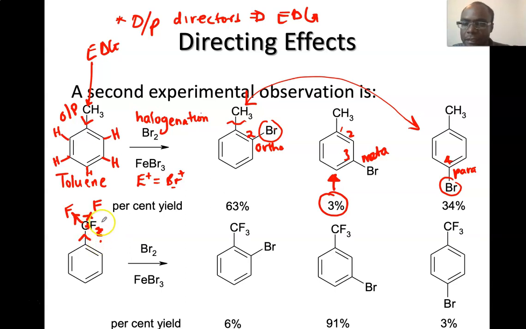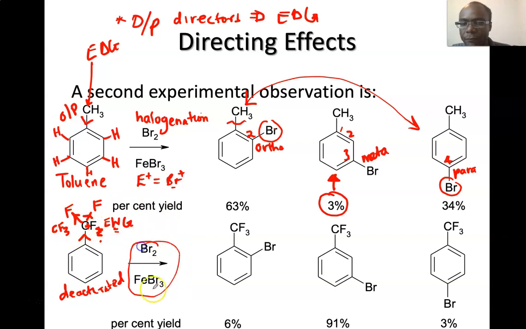So the CF3 is an electron withdrawing group, and it has to be strong because it has 3 strongly electron withdrawing elements. So the ring here is deactivated, because you have a group that's withdrawing electrons, an electron withdrawing group.